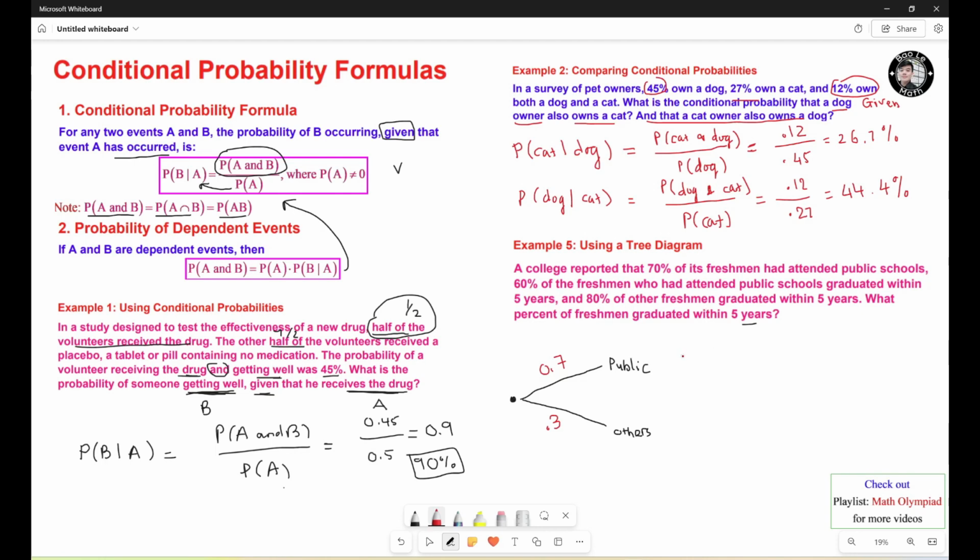Now our public school branch is going to be 60%, graduated within 5 years. So you have this one, graduated, and this is not graduated. It's the same thing for others: graduated, and not graduated.